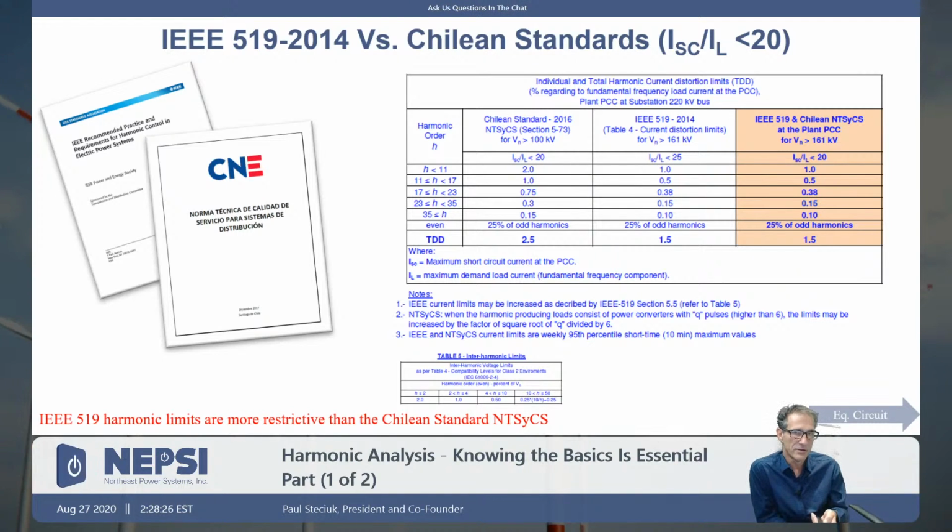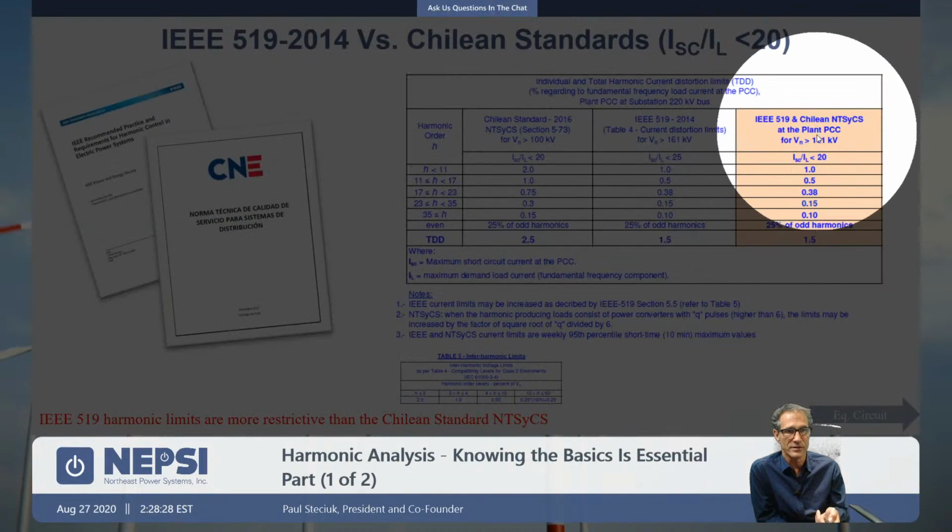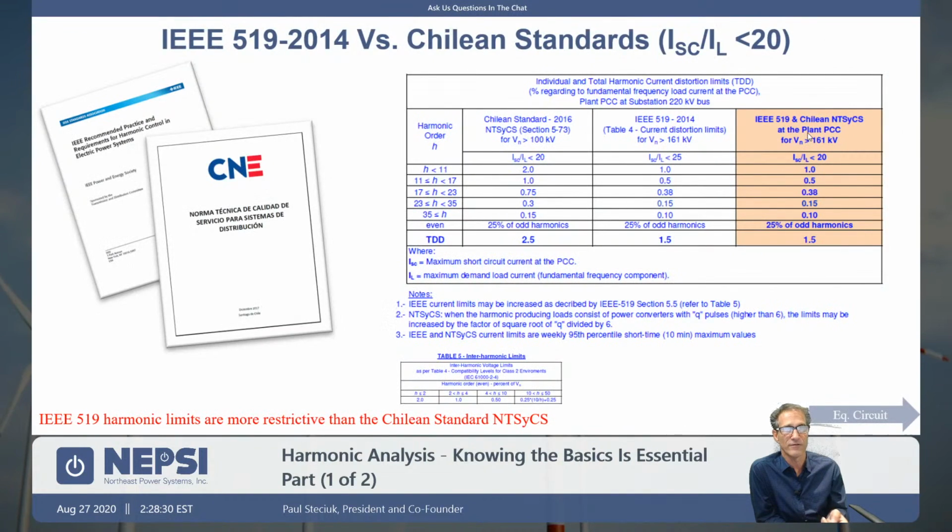And here you can see in these tables that IEEE 519 was the more restrictive standard. So it's important to understand where you're doing the study and what limits you're allowed to produce. That's going to change depending upon the point of common coupling, the utility interconnect agreement that you have, and perhaps what country you're in and what standards you're applying your limits to.